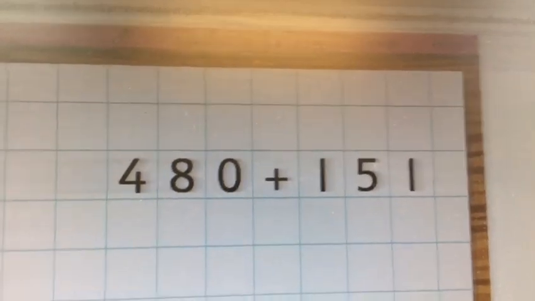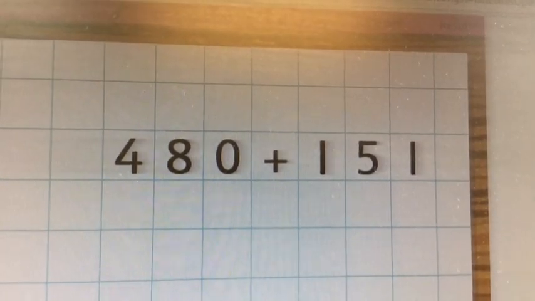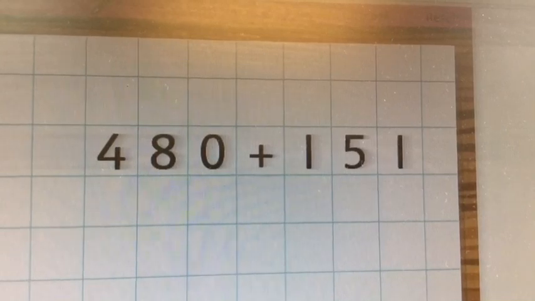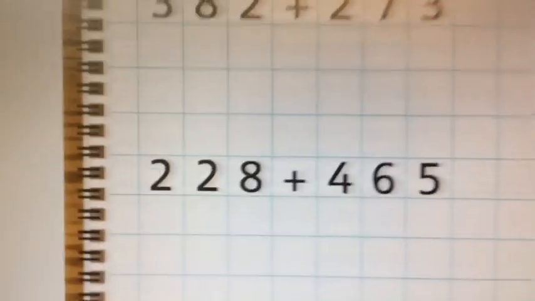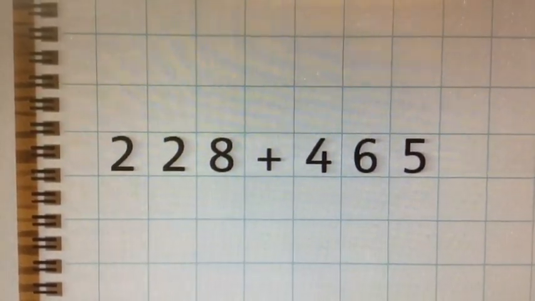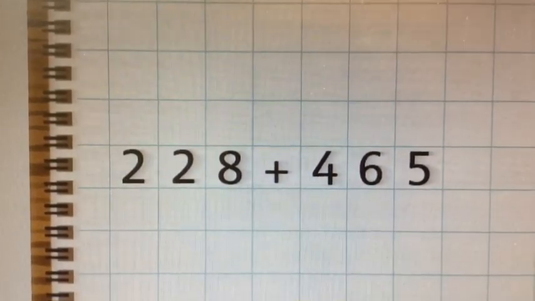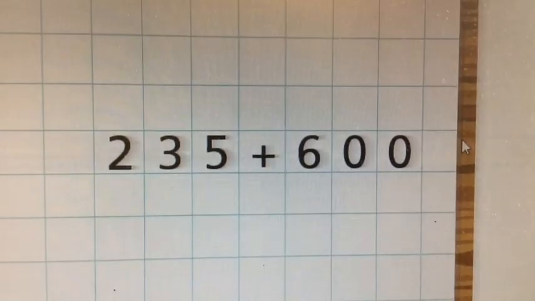Do the same. If you can just do it in your head, mentally, fine. Just write down the answer next to the question. If not, show me your vertical addition. And the same for this one. Write down the question and the answer. And finally, this one.